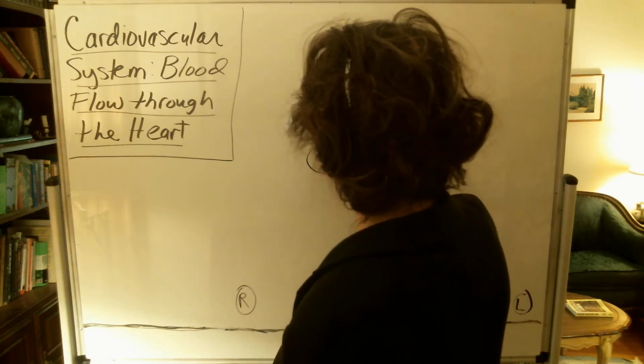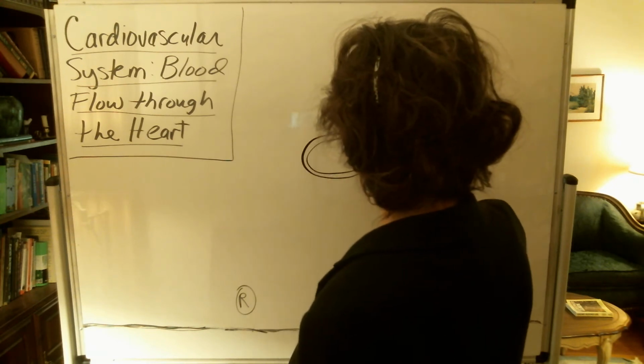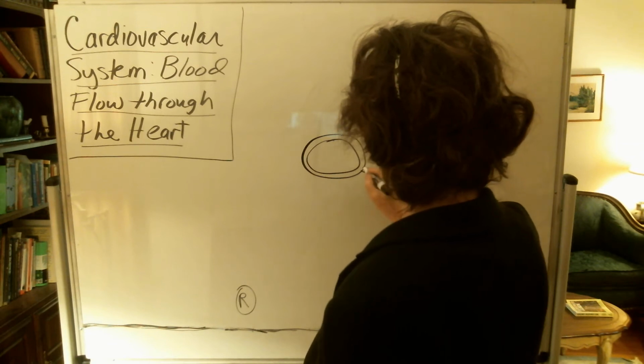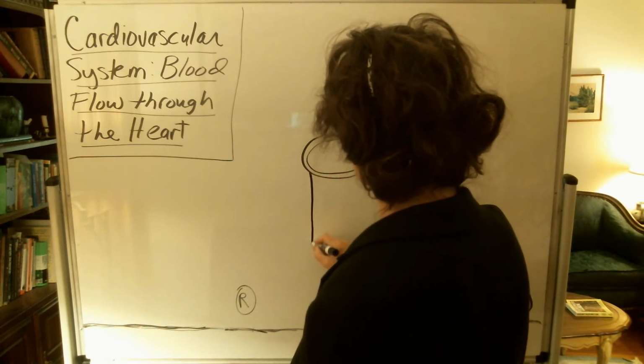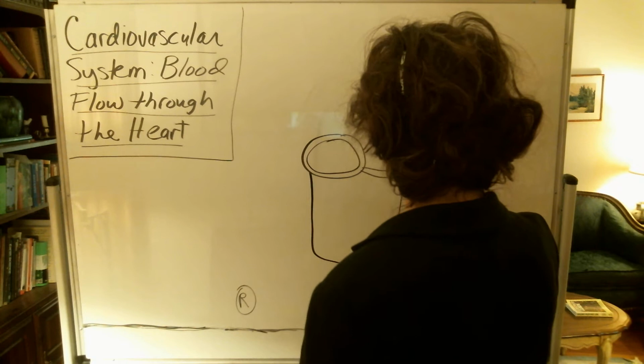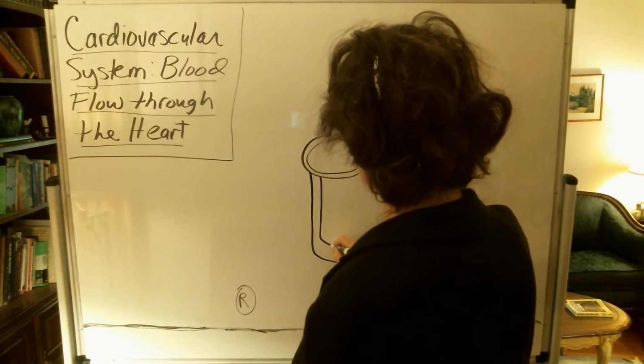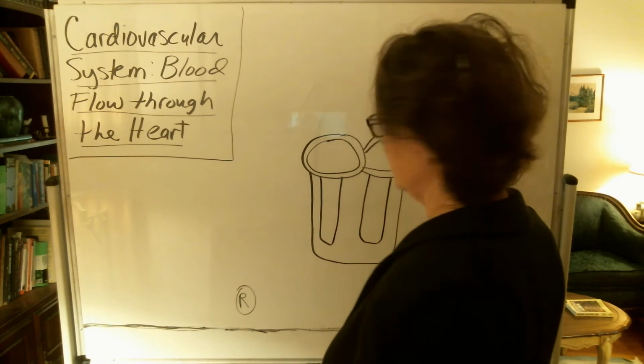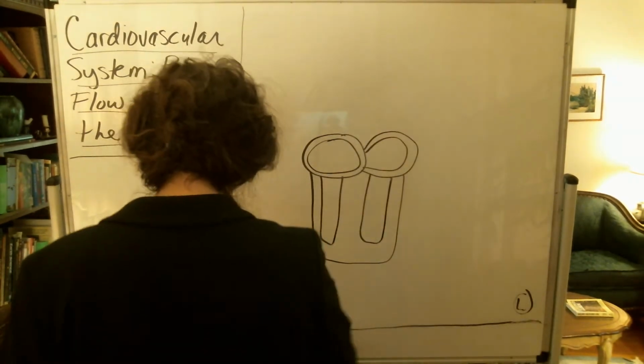So here we have the two atria. Here we have the two ventricles.